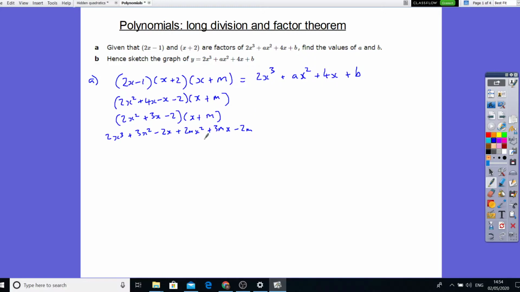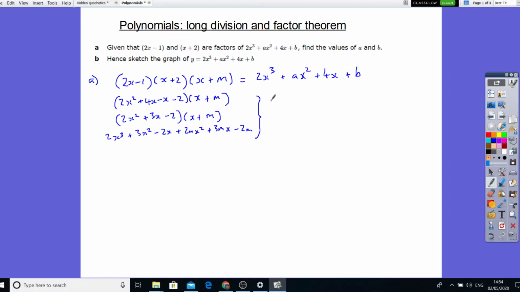Now the left hand side is going to equal the right hand side. So what I'm going to do here is match all the x squareds and x's and constants to work out what a and b are. Now the cubes are the same. I've got 2x cubed there and 2x cubed there, and that's not going to help us anyway, so we can ignore that.